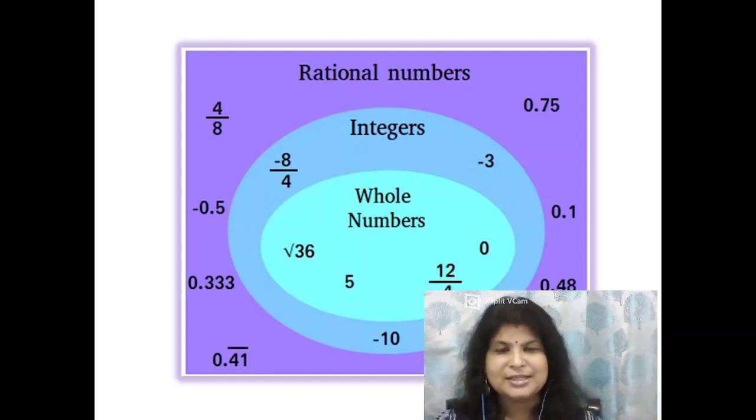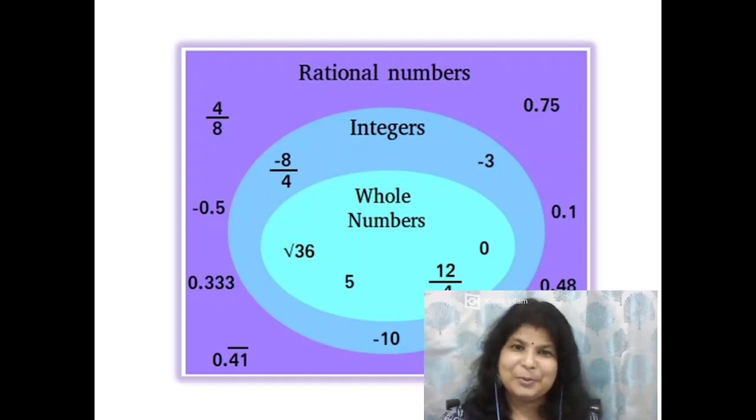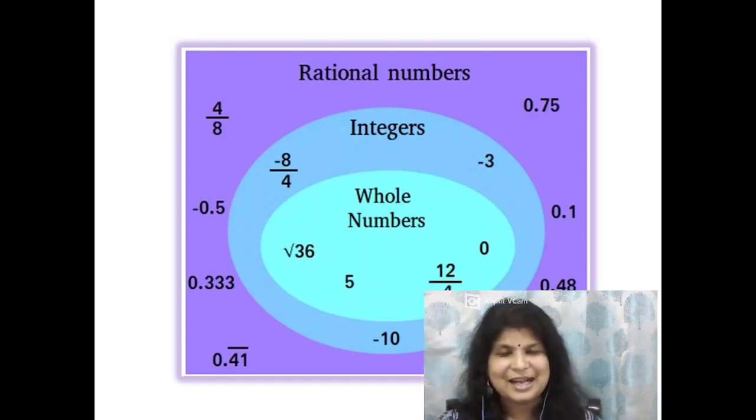So all this together forms the rational numbers. I hope the concept of rational numbers is clear to you. Okay children? So for today you have this much. In the next class we will go forward with the properties of rational numbers.